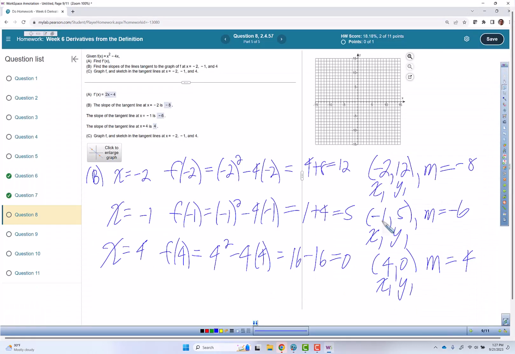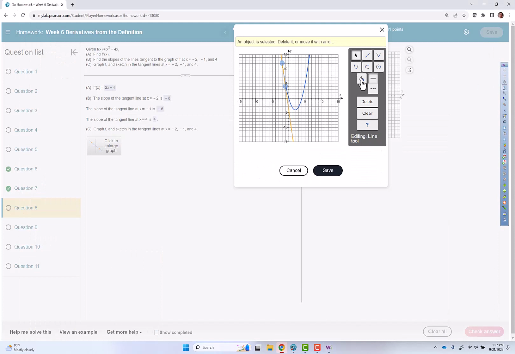And we're going to go negative 1, 5, and a slope of negative 6. So line tool again, negative 1, 5, and then a slope of negative 6. So over 1 and then down 6 should be to negative 1, 0, negative 1.